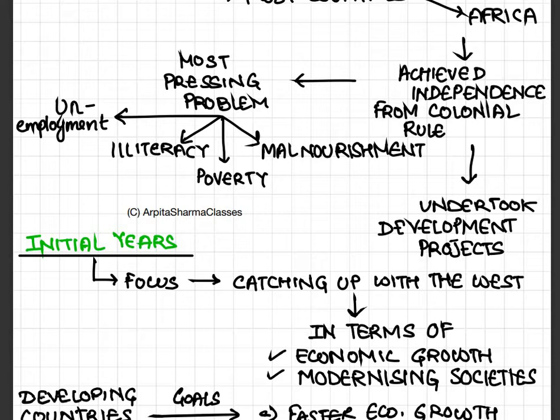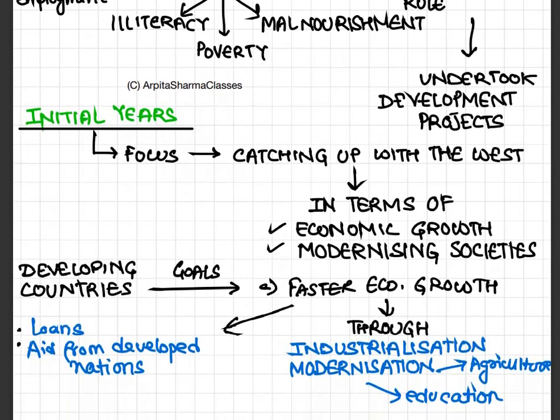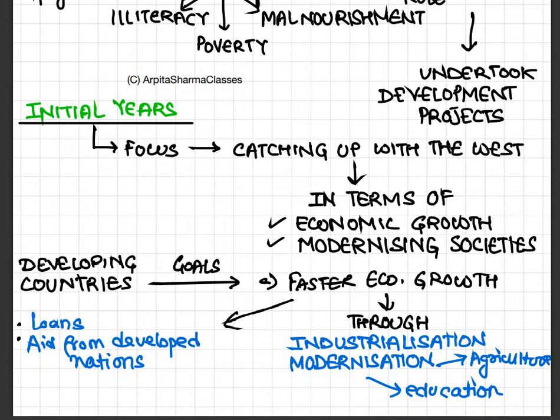So to catch up with those nations in terms of economic growth or in terms of modernization of society, the developing nations started setting their goals to faster economic growth through industrialization, through modernization of agriculture and education, etc. And to achieve their goals, they started taking loans from other developed nations. For example, Africa took huge amount of loan from China, and that is why right now it is under massive debt, right? So they started taking loans from the developed nations.